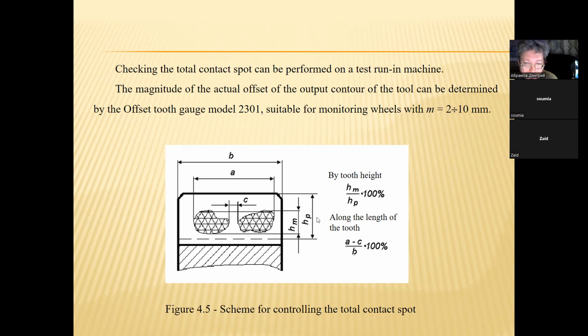The parameter along the length of the tooth is equal to A minus C, above the line, and B under the line, multiplied by 100%. So we use this measuring instrument for controlling the total contact spot.